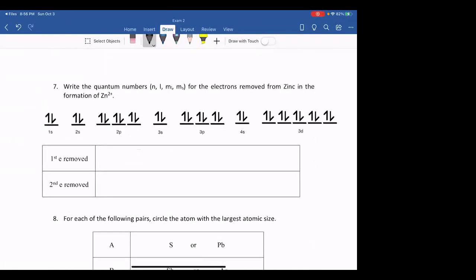Okay, so when I see zinc and I want to form zinc 2+, I have to remove the valence electrons. You always remove the valence electrons to form a cation, always. Valence electrons, by definition, are the electrons in the highest shell.